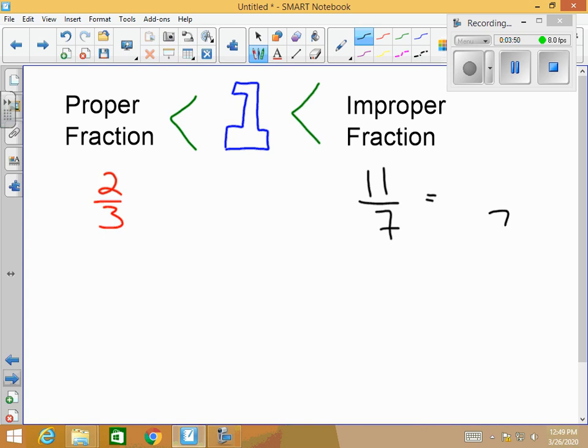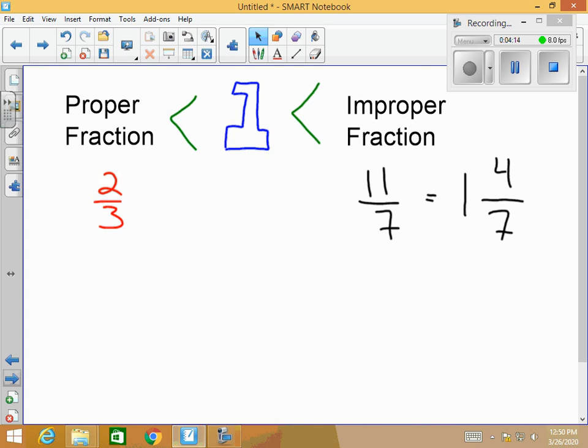Our denominator will always stay the same, 7 goes into 11 one time, and here's my remainder of 4, so that is 1 4/7. You're going to see that an improper fraction is greater than 1 because our whole number is 1 and we have parts of another. That's something to keep in mind as we go through this.